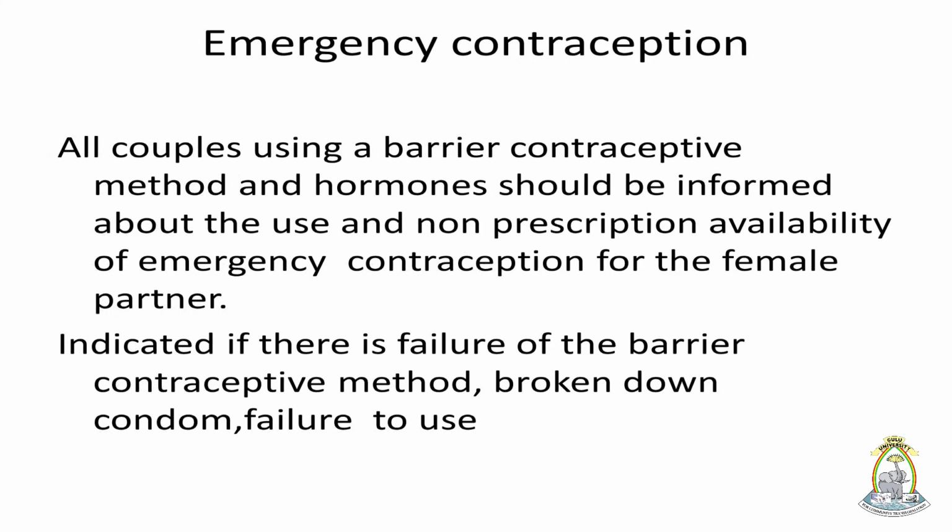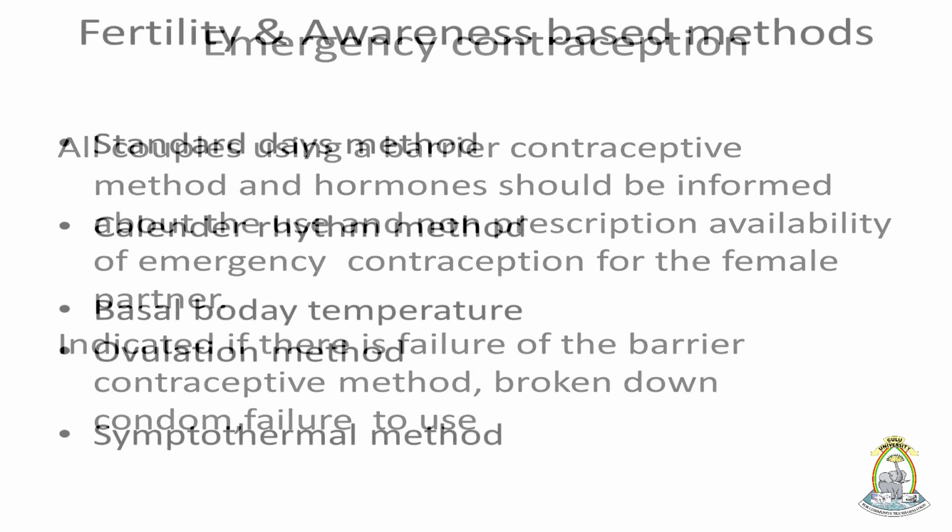We have emergency contraception, which we call the morning after pill. That means after coitus, you may need to take it, or when there's failure of the barrier method, maybe a condom has broken or something like that, or you failed to use it.